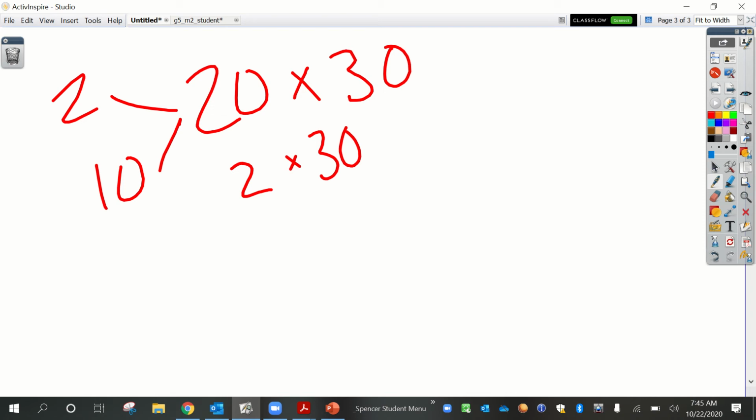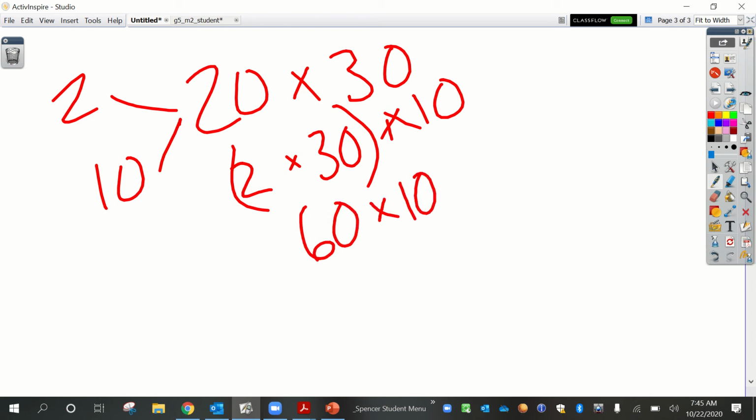So we could do 2 times 30, and then we're going to multiply that by the 10, because we're going to first do 2 tens times 30, and then we're going to multiply that whole answer by another 10. So 2 times 3 tens is 60, and then we're going to multiply that by 10, which would give us 600. So either way, it's still the same answer, 600.